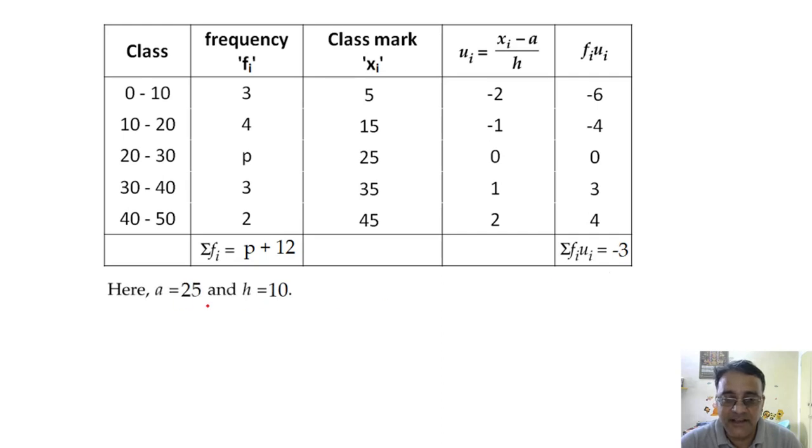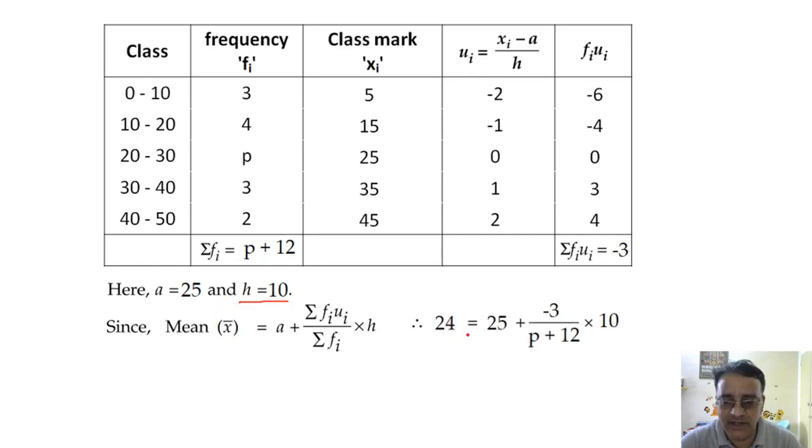Now A is 25 and h is 10. So we'll write the formula of mean, and mean is given 24. So 24 is equal to 25 plus minus 3 upon P plus 12 into 10. We'll shift 25 to this side. So what will happen? Minus 1.